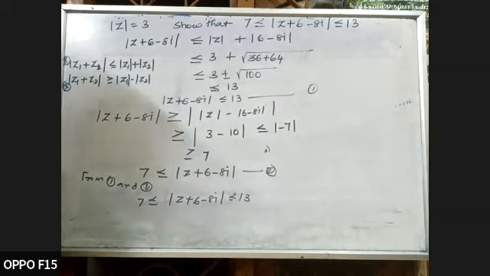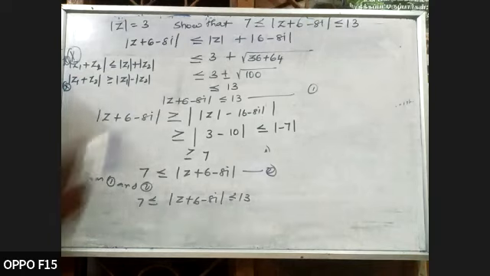Once again I'll teach you, please listen, I want everybody to listen. Here the question is mod of z equals 3. Show that 7 is less than or equal to mod of z plus 6 minus 8i, which is less than or equal to 13. Then mod of z plus 6 minus 8i is less than or equal to mod of z plus mod of 6 minus 8i. I use the first formula of the triangle inequality, with addition and less than or equal to.